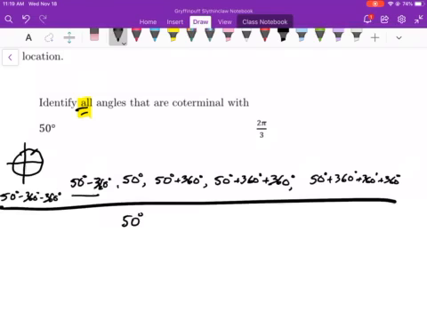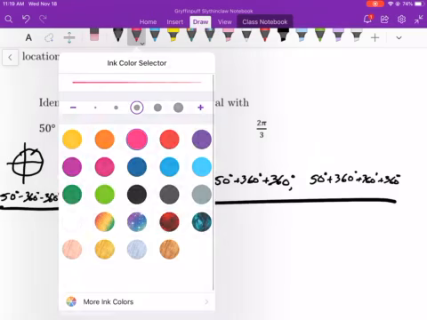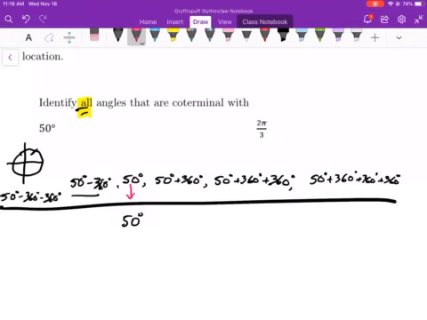I'll start with the 50 here, plus 0 times 360, adding 0 360s. And then this one here is 50 degrees plus exactly 1 times 360 degrees.